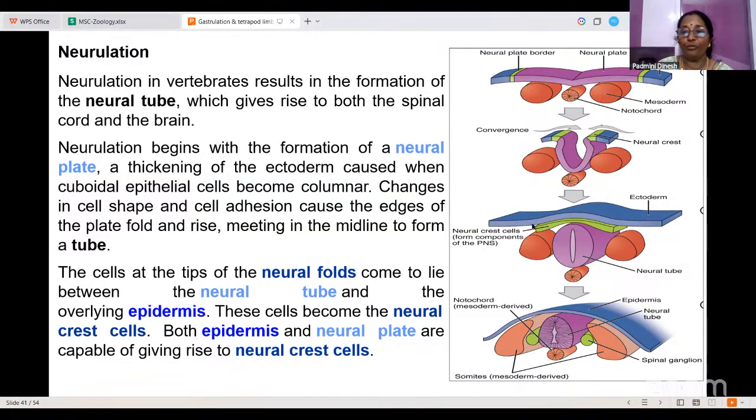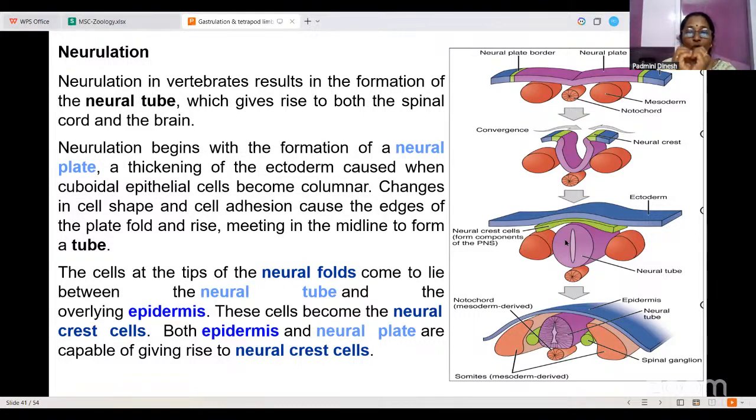And this neural tube is going to form the future brain, and its extended form is going to form the spinal cord.